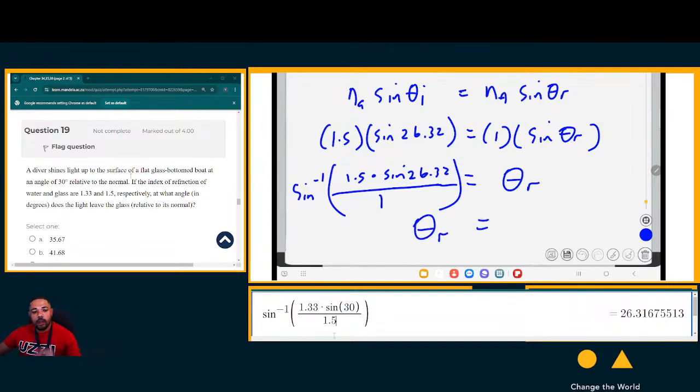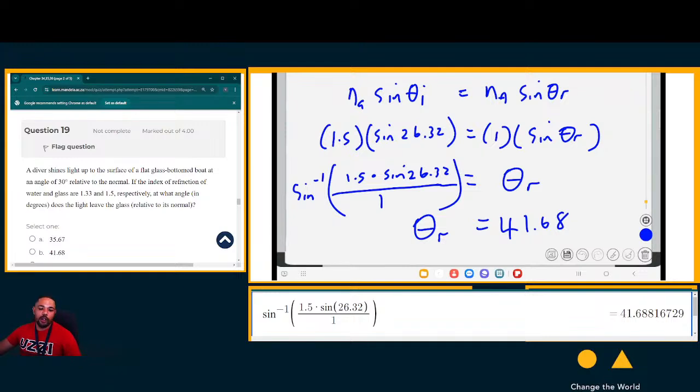Let me just plug in here. This is 1, this is now 1.5, this is 26.32. So the angle of refraction is 41.68 when it leaves the glass, or you can say 42.